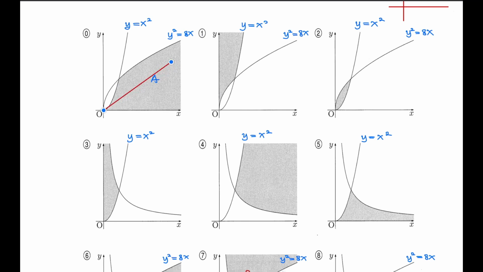The slope must be maximum, so it should be here, the intersection point between those two equations. This is the maximum possible slope for P in this region. This is P, x and y.